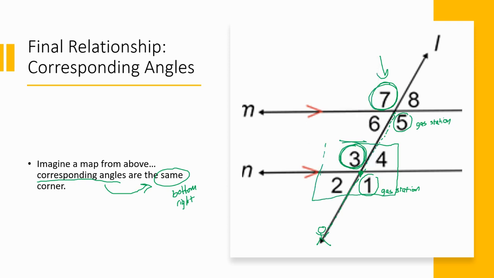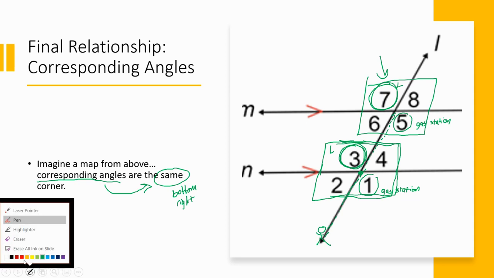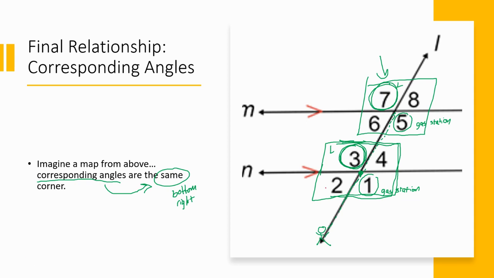Imagine this as a clock or something, or a room, and we just put the same box around this one. What we need to do is be like, okay, top left of the four squares and top left, those are the same corner. To double check understanding, what would be the corresponding angle of angle 2?